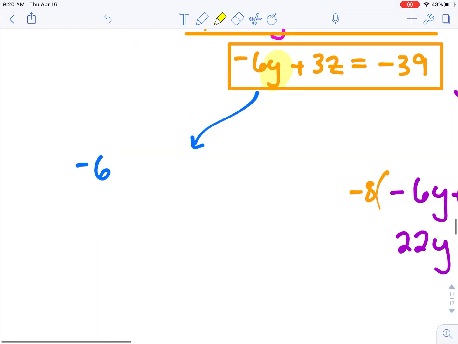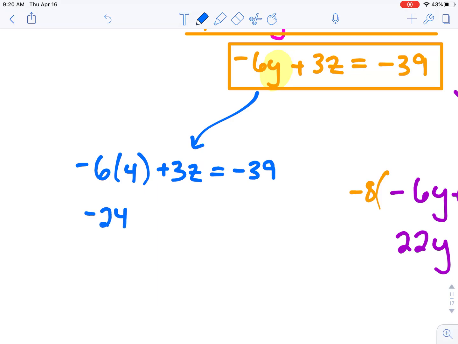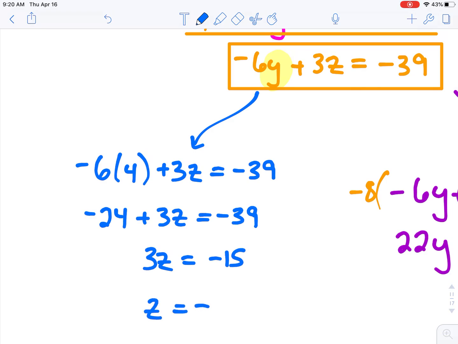So I'm going to replace my y with 4. And that's going to allow me to solve for the z. So -24 plus 3z equals -39. Adding 24 over gives me -15. And divide by 3 to get z is -5.